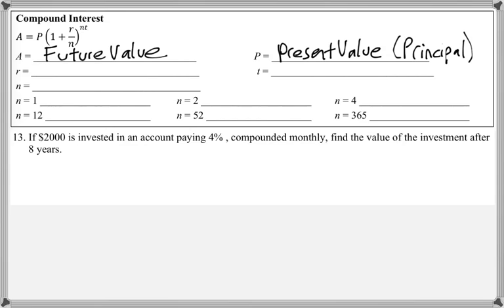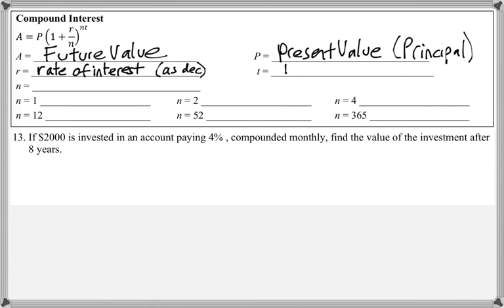And that principal is also your pal. The R stands for the rate of interest, and that's specifically as a decimal. So make sure it's in decimal form before you plug it into the formula.